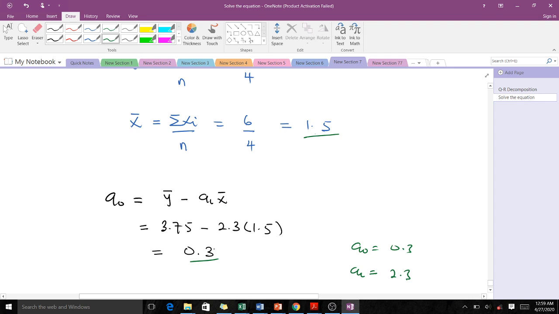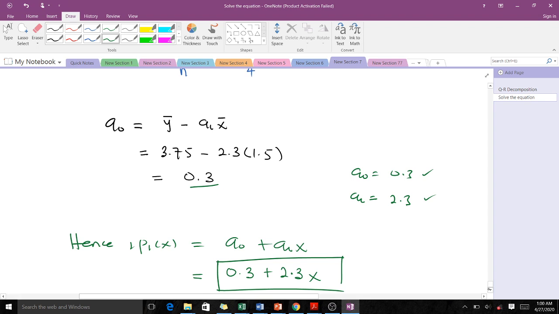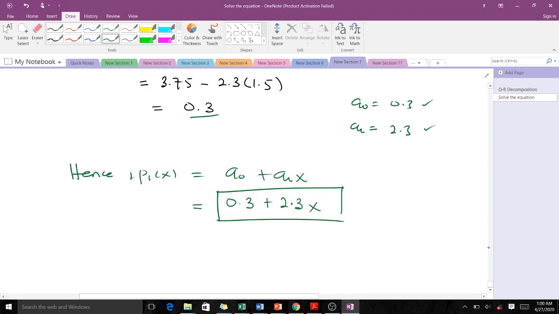When you do this computation, you end up with 0.3. That means that our E0 is 0.3 and our E1 is 2.3. So it means our first order polynomial, which will be used to approximate or estimate this particular exponential function, is 0.3 plus 2.3x. And there it is.